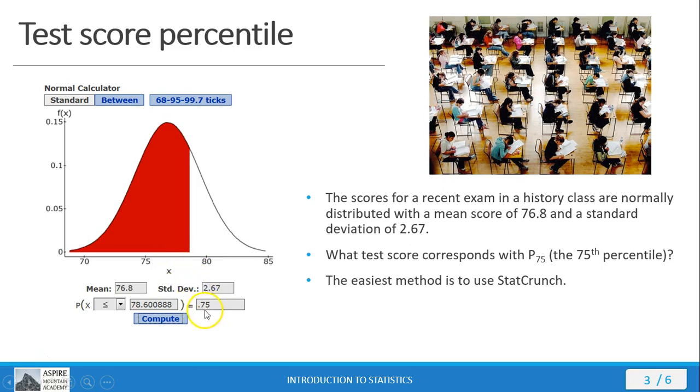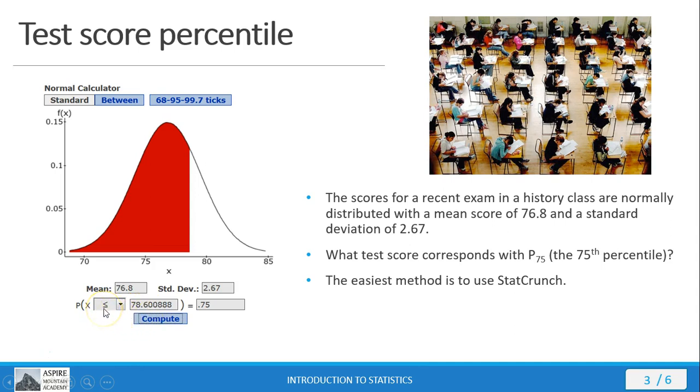So we put 75% here in the probability field. We hit compute, and then here we get the value that's the boundary for that area that's shaded in red. So this is the 75th percentile value that we're looking for, 78.6.